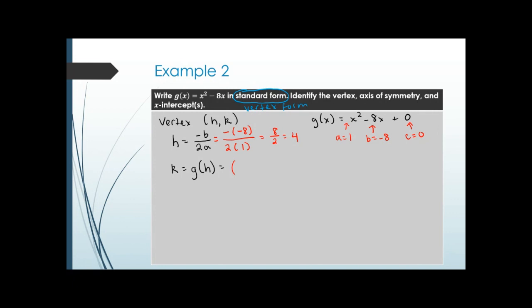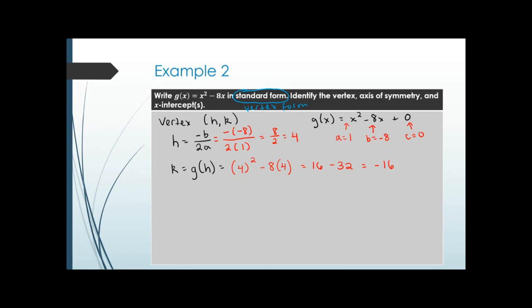So where we have x squared, we are now going to have h squared. So that's going to be 4 squared minus 8 times 4, and then we don't have to do the plus 0. So 4 squared is 16. 8 times 4 is 32. So 16 minus 32 is negative 16.